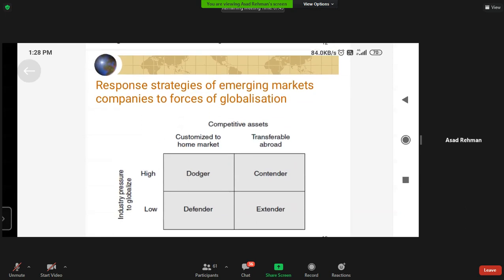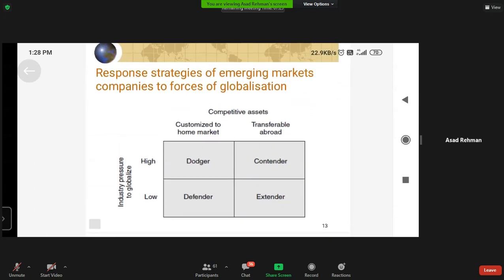So we will try to continue our discussion, and we'll just have a look at a very interesting matrix which is given here. There are two important aspects that we see here.